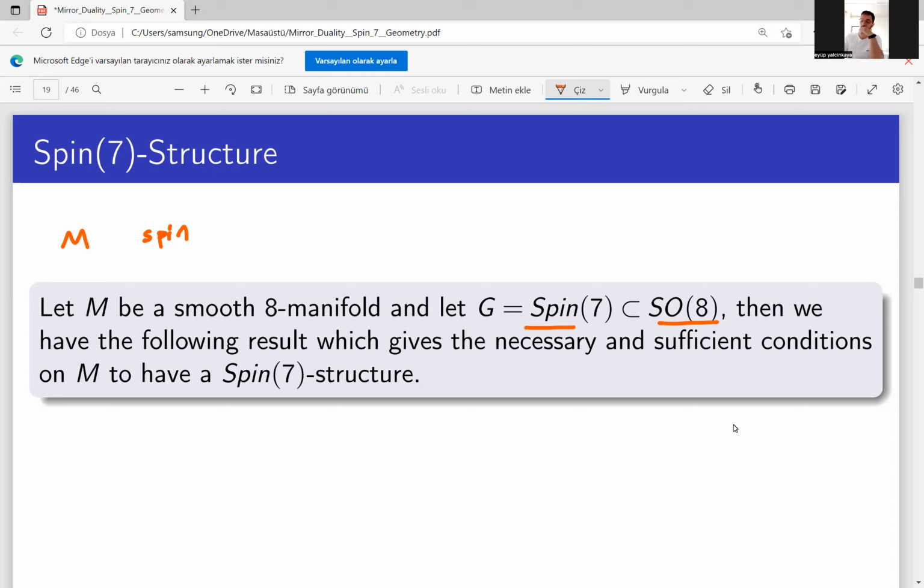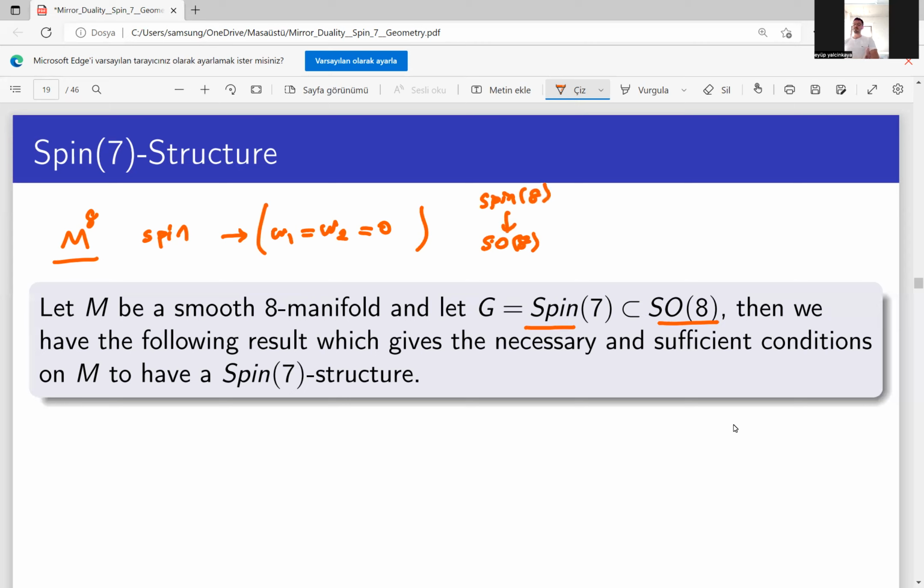Spin means, I mean, if you are talking about an 8-dimensional object, the Spin(7) is not covered yet. At first, we have to check that M8 is spin, meaning w1 and w2 equal 0, or this manifold is a Riemannian orientable manifold with SO8, and at first you have to find the Spin(8), okay?